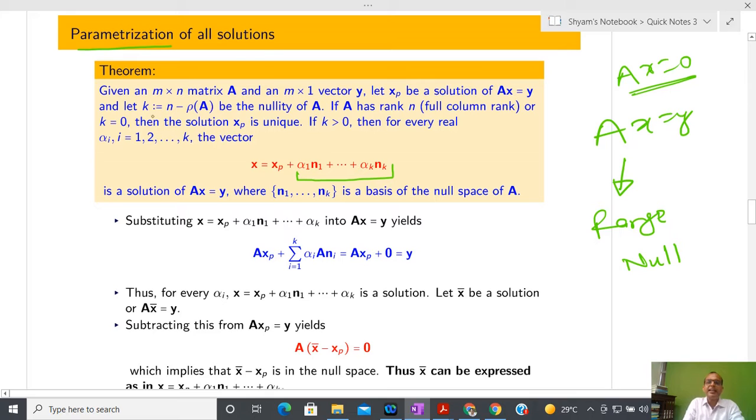I am telling that k is not equal to 0. If k is 0, then the story is over, because now I have m vectors, and using m vectors I have to travel the whole space such that I cover m. That is possible because the nullity is 0.